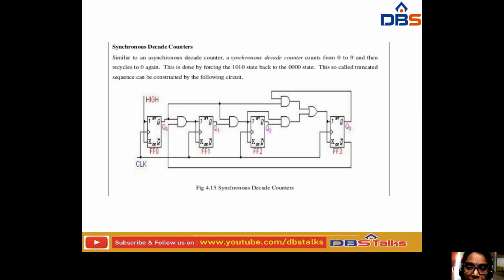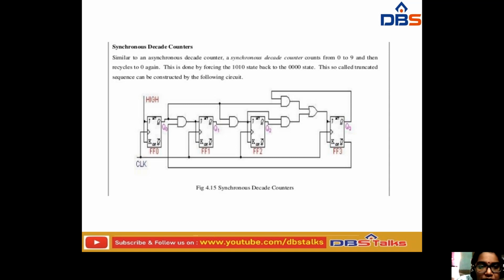This is done by forcing 1010, which means the value 10, straight back to 0000, that is the 0 state. So this is also called a truncated sequence and can be constructed by this circuit.